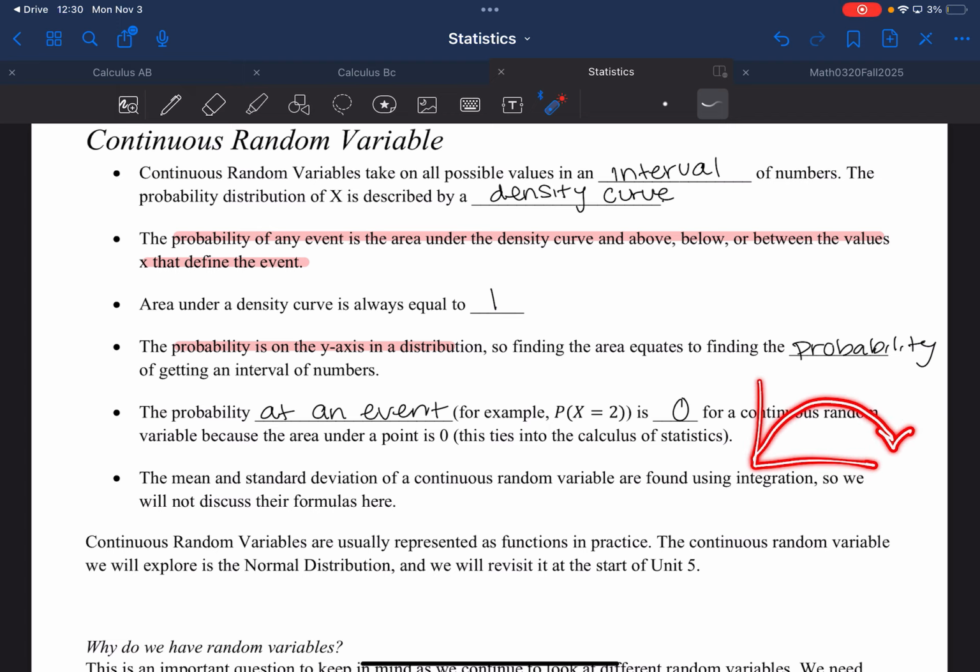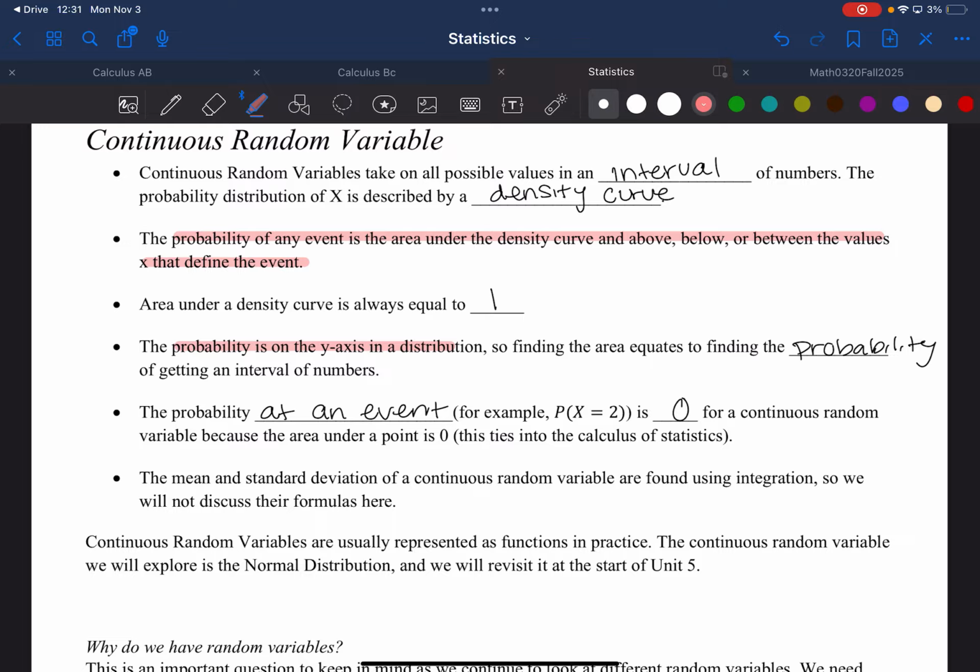So when we start talking about this area here, it's saying that if we had the probability of one event, that's the same as saying, okay, here's a graph with 1 point on it. Can I find the area under one single point? No, that's why it's 0 for continuous functions.